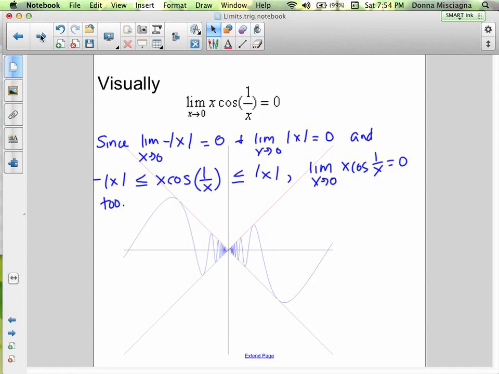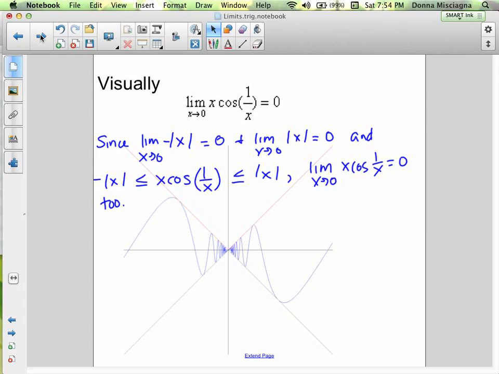All right, so since the limit of negative absolute value of x is 0, I can plug in 0, no problem. The absolute value of 0 is 0. And the limit of the absolute value of x as x approaches 0 is 0. And, right, so we've shown that the limits of these two functions are the same.